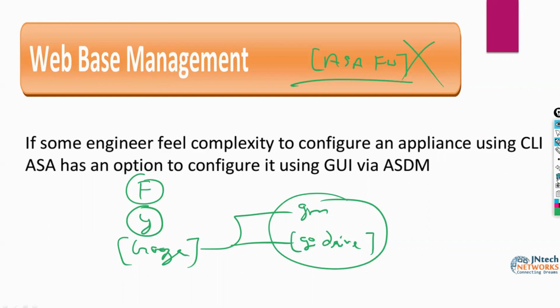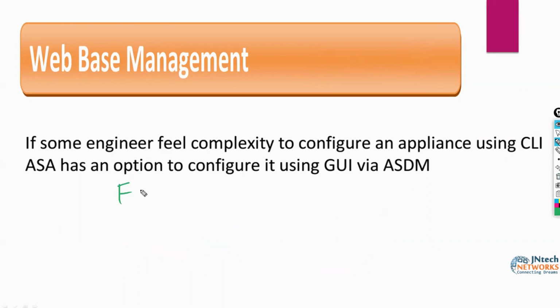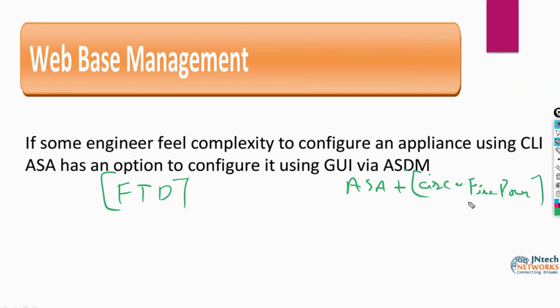For example, your Cisco FTD is a combination of Cisco ASA plus Cisco Firepower. What is Cisco Firepower? It's an NG-IPS, a next generation intrusion prevention system. So it's an IPS device.